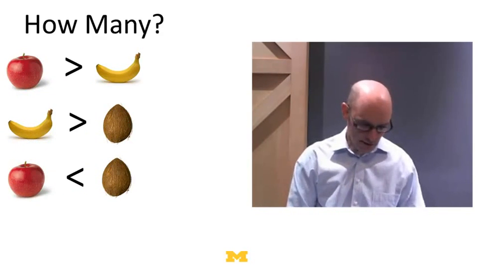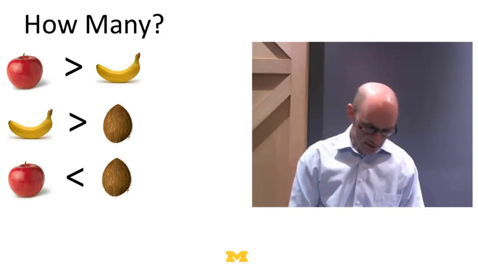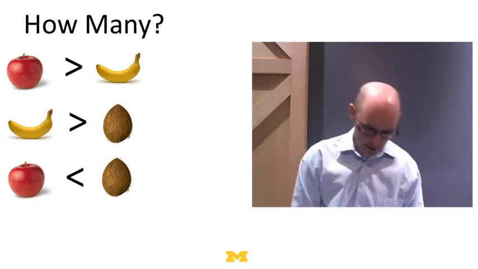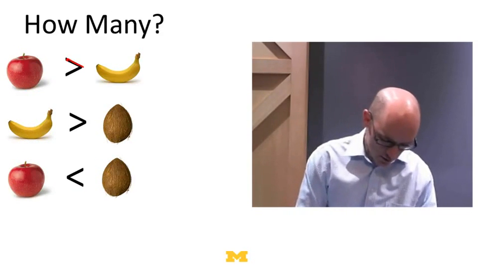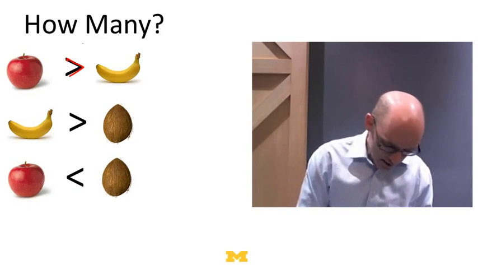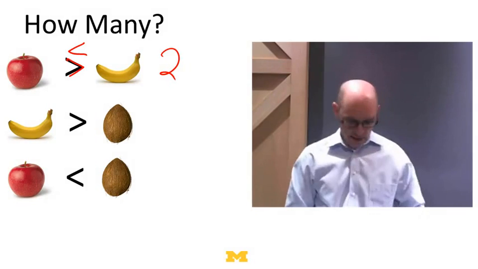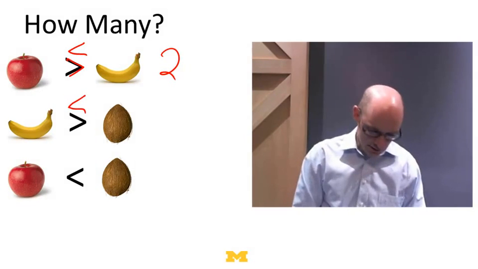Well, let's suppose I've got these three things: apples, bananas, and coconuts. On apples and bananas, there are two possibilities. Either I prefer apples to bananas, which I'm going to show here with a greater than sign, or I could prefer bananas to apples. Next, if I look at bananas and coconuts, I could prefer bananas to coconuts, or alternatively, coconuts to bananas.